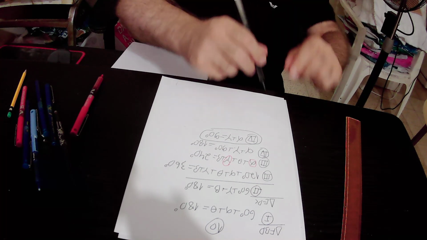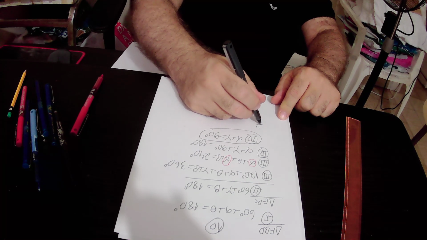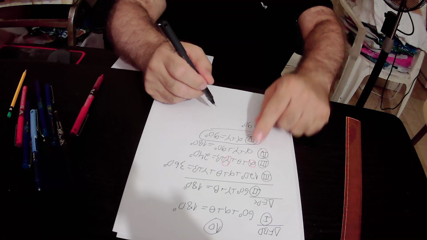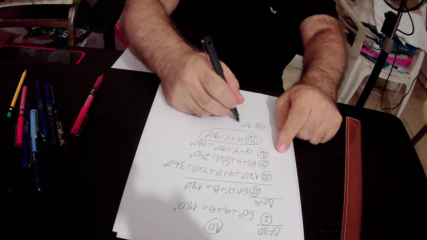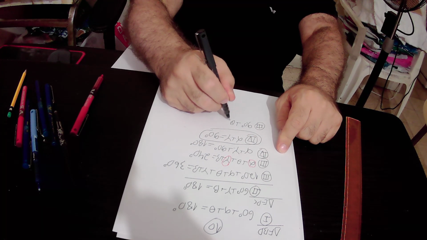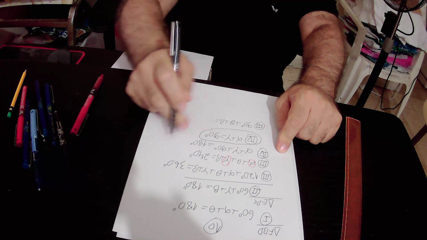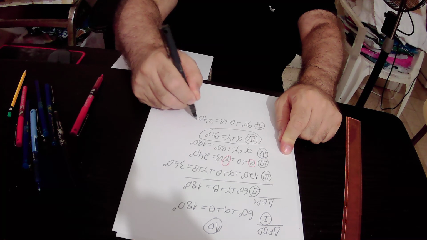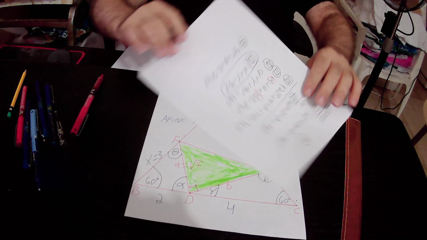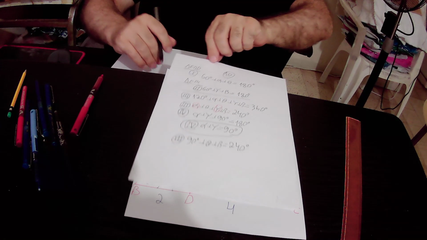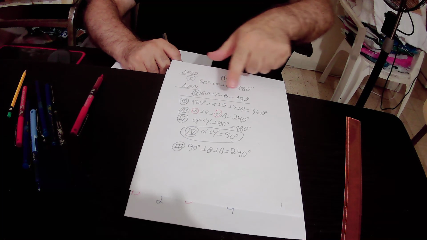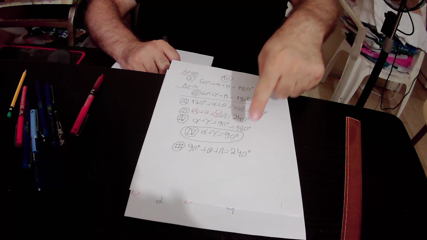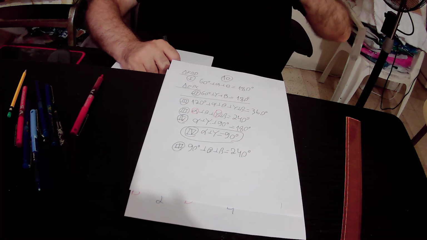And we will get that 90 degrees plus theta plus beta equals 240 degrees. We substituted alpha plus gamma in equation number 3 by 90 degrees, and we got that 90 degrees plus theta plus beta equals 240 degrees.